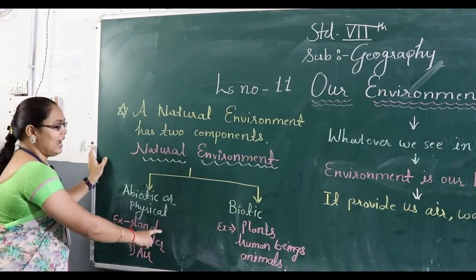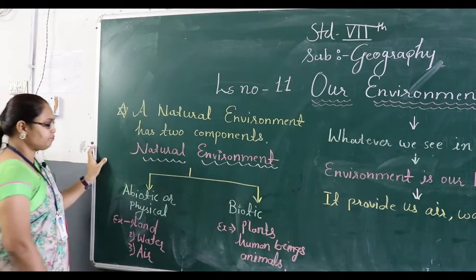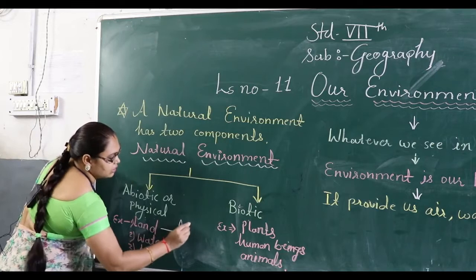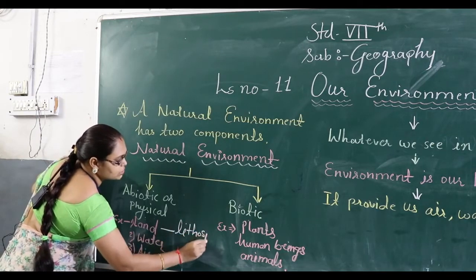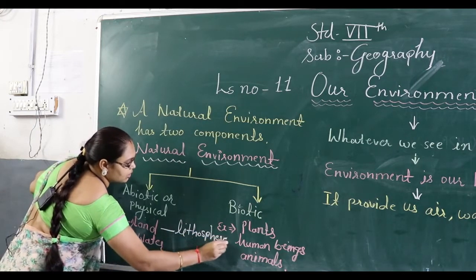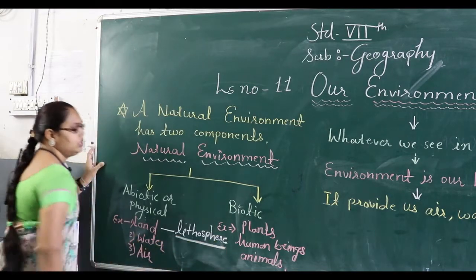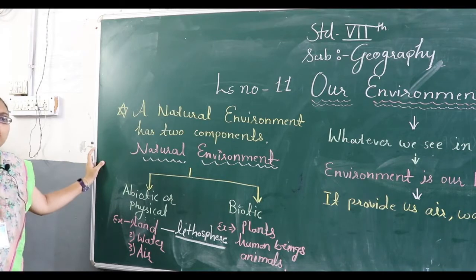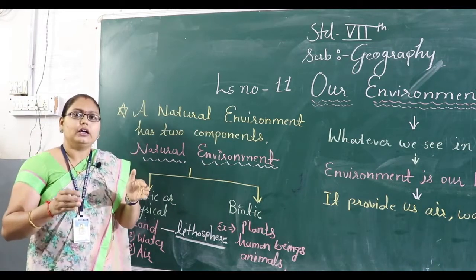The first is land. Land is also called the lithosphere. Lithosphere is made of a solid crust.